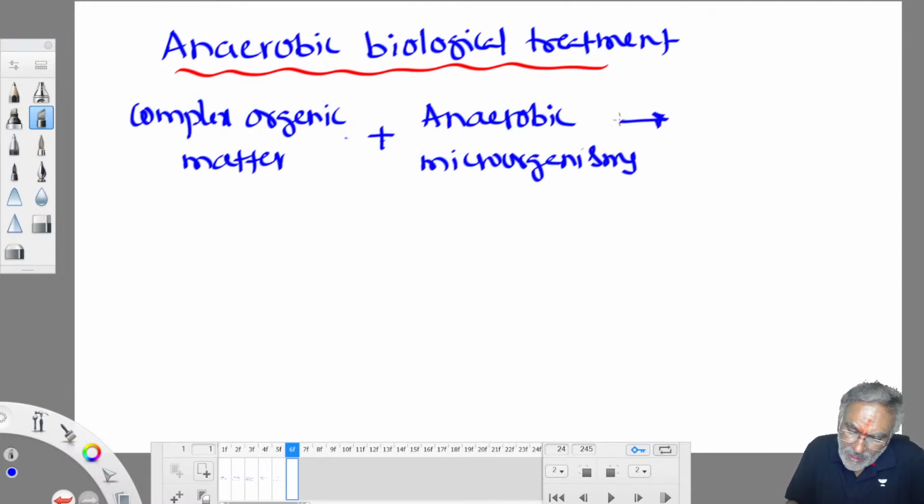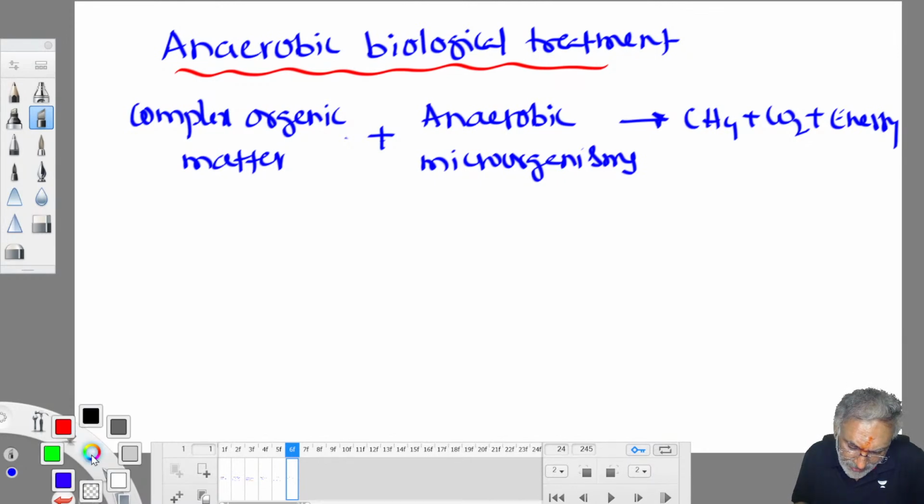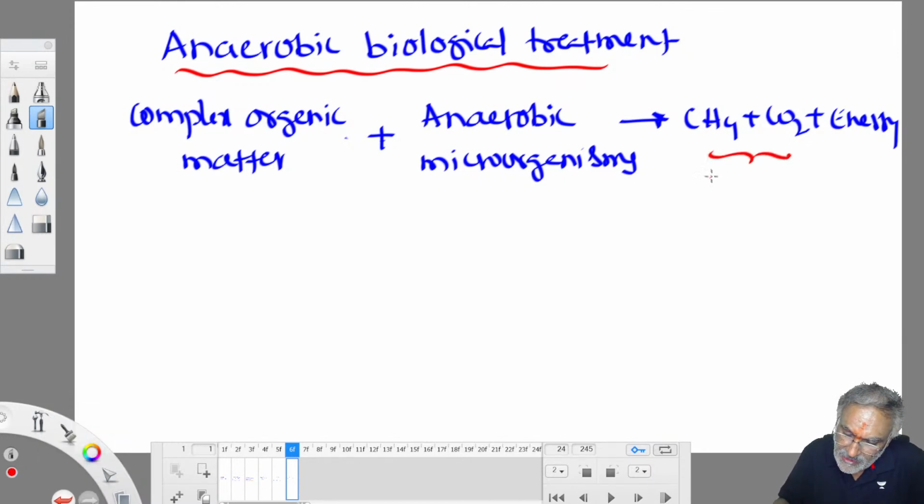And they convert this complex matter into methane and carbon dioxide and energy. Energy for the growth of microorganisms, and methane and carbon dioxide, simple and stable end products which are not at all objectionable to anybody.